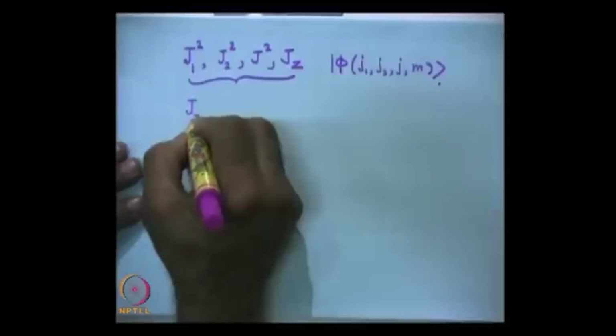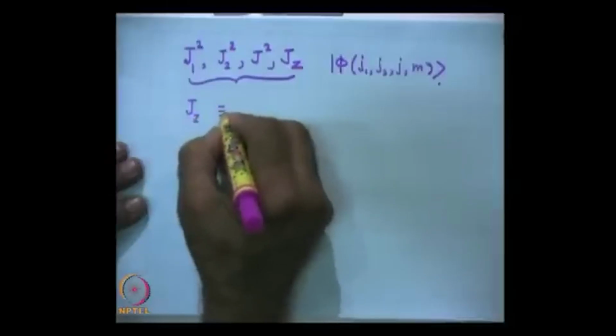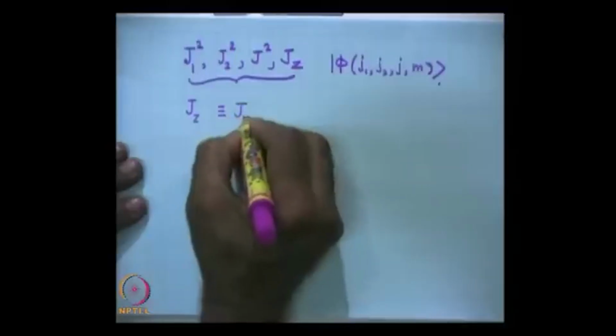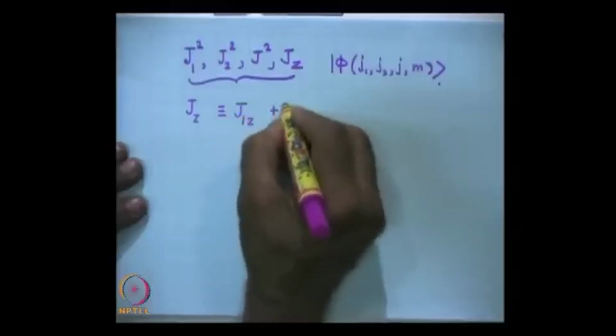Now, let me give you an example, but before that let me mention what Jz is. Jz is defined to be equal to J1z plus J2z.